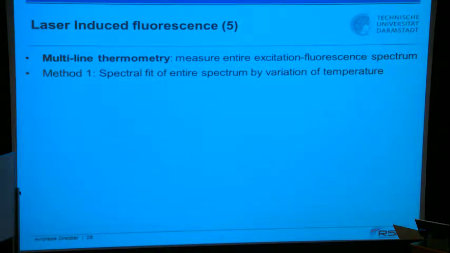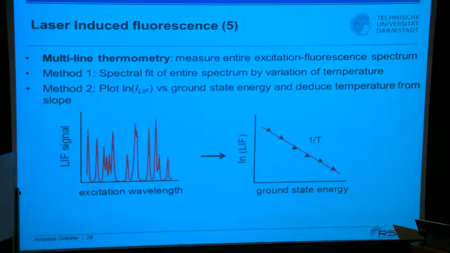In principle, if you do it in laminar flames, you can do that with multi-line thermometry, where you measure an entire spectrum and then fit a theoretical spectrum to your measured spectrum with the temperature as a variable. In principle, that can be done.